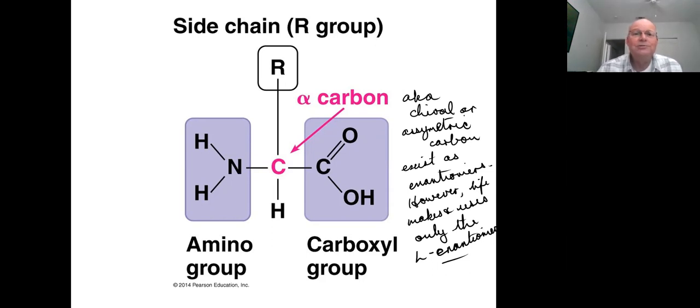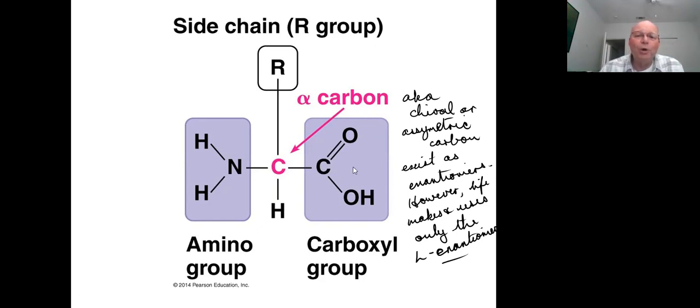The R's do not exist in nature, not naturally, at least. They can occur over time, but we don't need to go into that. Let me just leave it at that. L is the naturally occurring form because that's what life makes and that's what life uses.